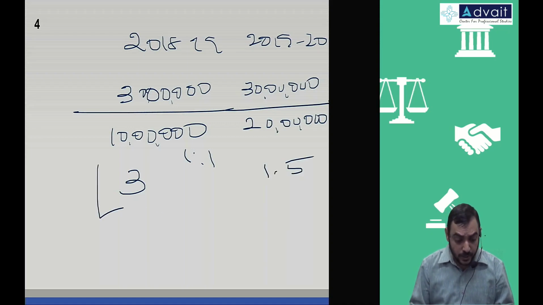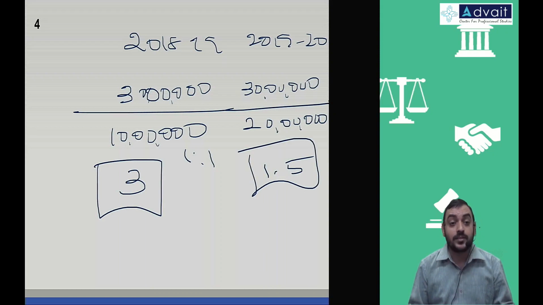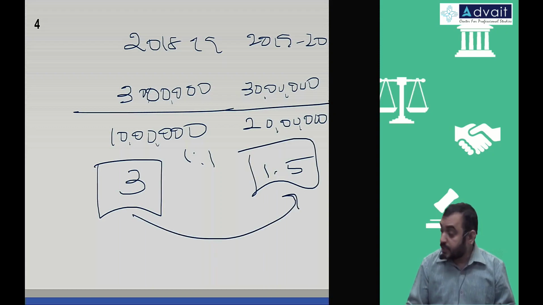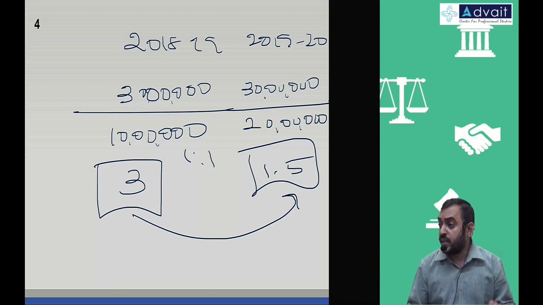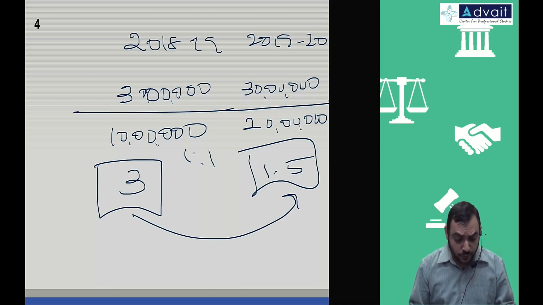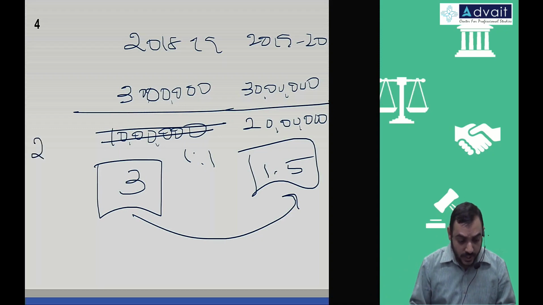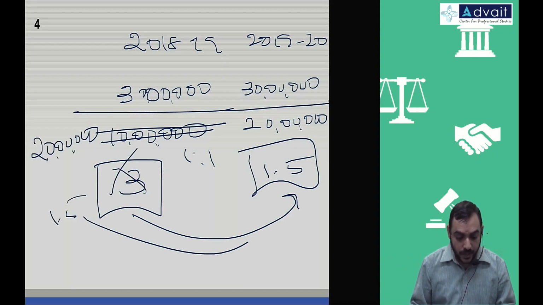If you look at only EPS, what picture would it give? The EPS reduced by half. That means the company's performance has gone down. But that is not the case. It is just that the number of shares has increased without any increase in the value of the company. So for the purpose of comparison, we take this 10 lakh also as 20 lakhs, so that the comparison makes sense.